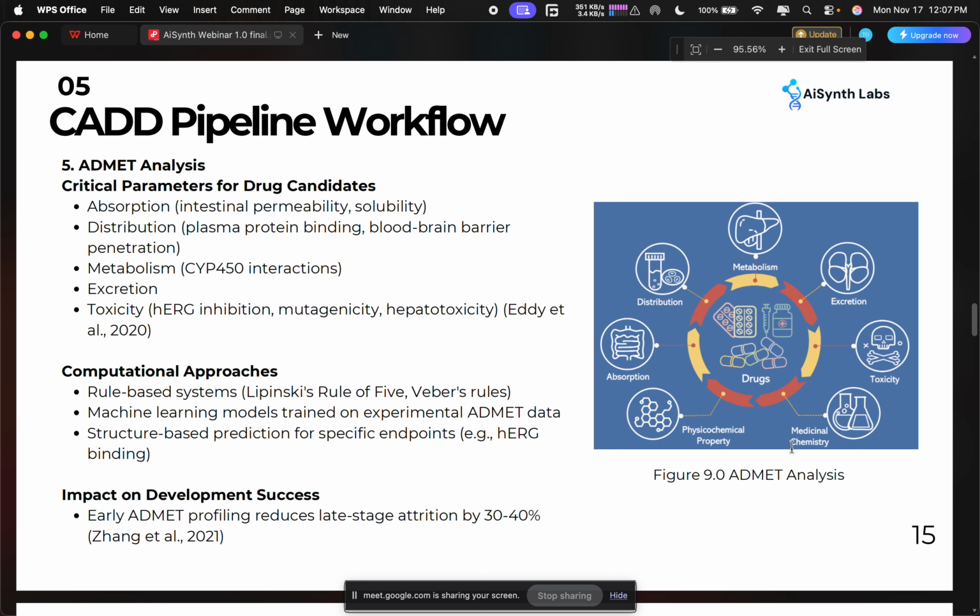So one of the things you will look at, aside from potency or docking score or MMGBSA score, is its BBB permeability. That means, can it cross the blood-brain barrier? Because if it cannot cross the blood-brain barrier, it is not useful, because it's supposed to work in the brain.